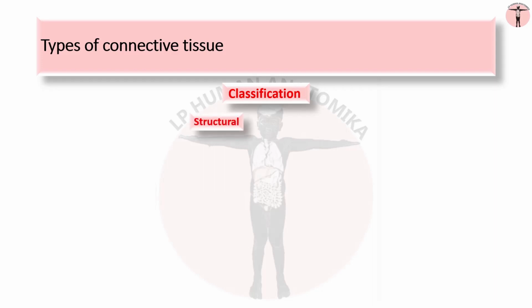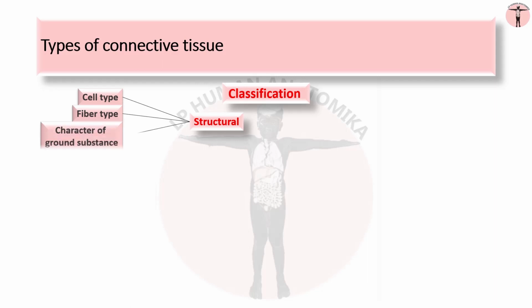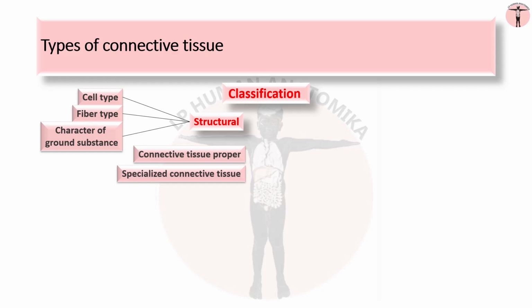Structurally, it is classified based on the predominance of the cell type and its arrangement, concentration and arrangement of fiber type, and character of ground substance. They are broadly classified into connective tissue proper, specialized connective tissue, that is cartilage and bone, and embryonic connective tissue, that is stem cells.